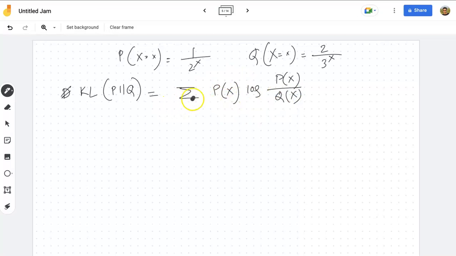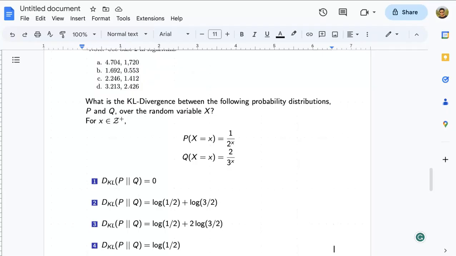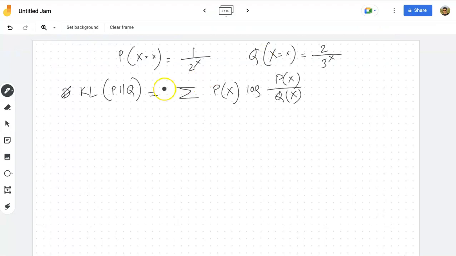And what is the value of x? If you see the question, x is a natural number, from 1 to infinity. So this is the total function. Now you just need to put the values in and find the divergence.